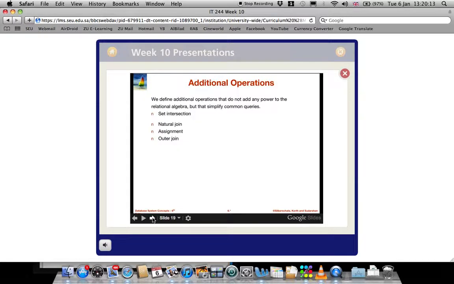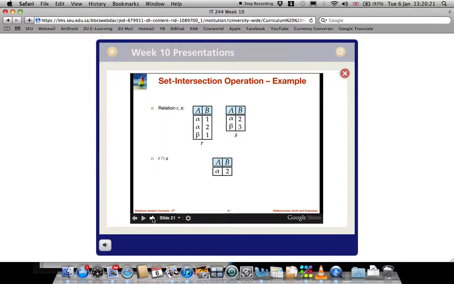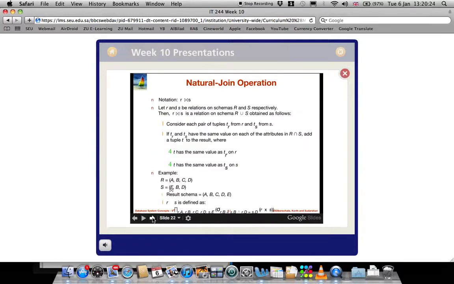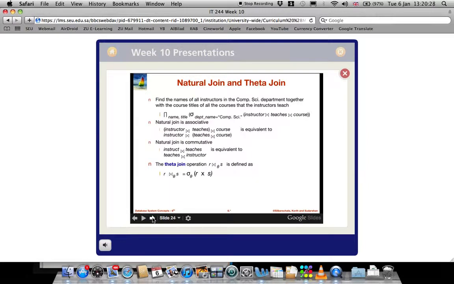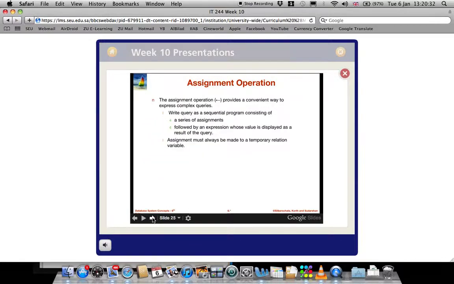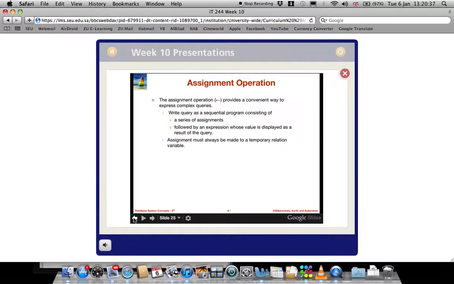Additional operations: you already need to understand the intersection. Now this is important. Don't worry about the assignment operation.